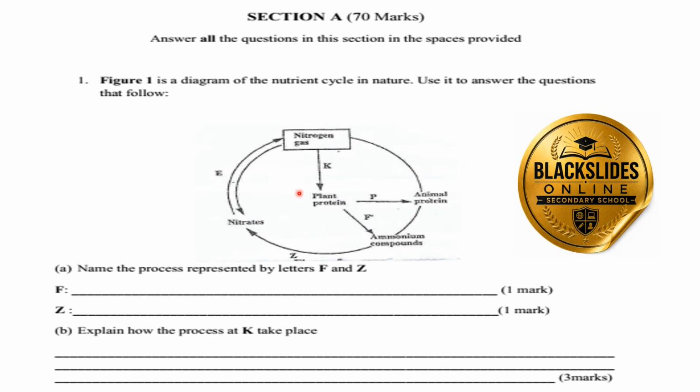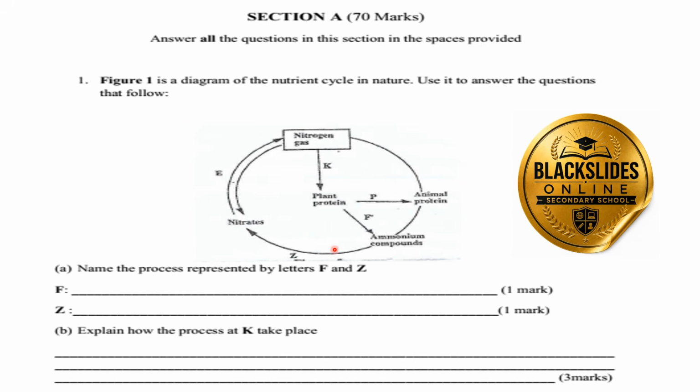They'll decompose the plant material as well as the animal material to form ammonium compounds. So this, as a result, will release nitrogen back into the soil, but still it is not in the best form for plants yet.